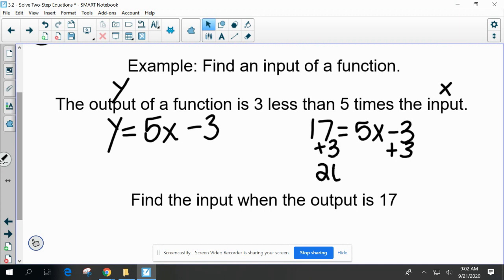Add 3, you get 20 equals 5X. Divide by 5. 4 would equal X. Okay, so I know the wording can be confusing. Some of you really don't like having to translate the words into numbers, but just remember input is X, output is Y.